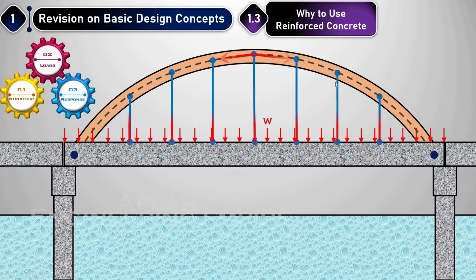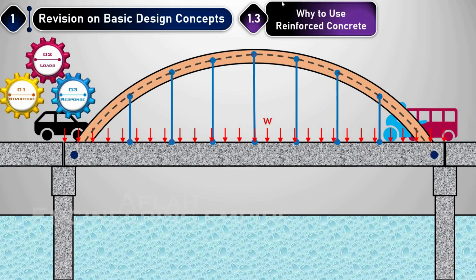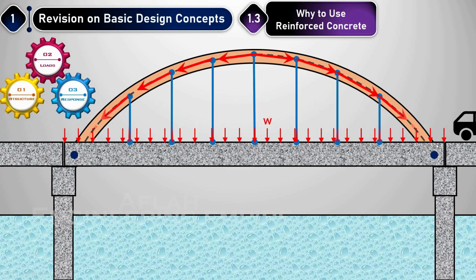Now the load will come to here and it will go through this central line of the arch. So mostly we are expecting that this element is under compression. So this part may be made from concrete and reinforced with some reinforcement because it is basically suffering compression stresses.